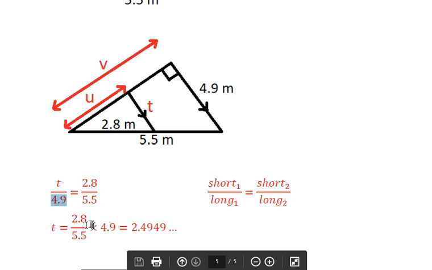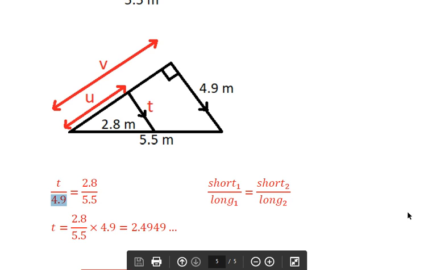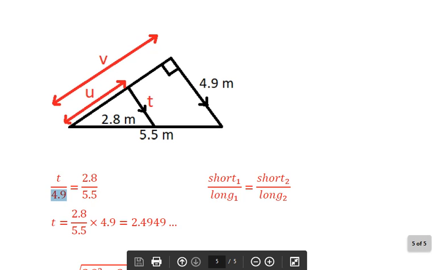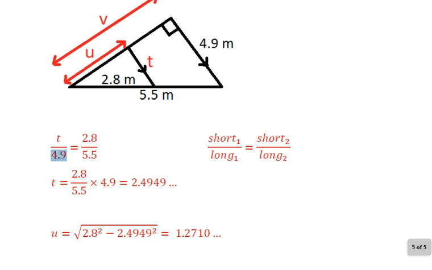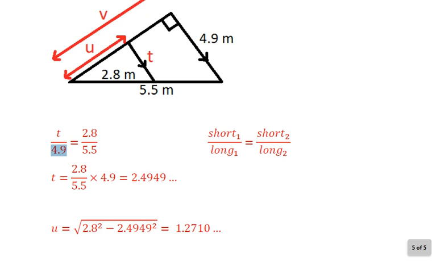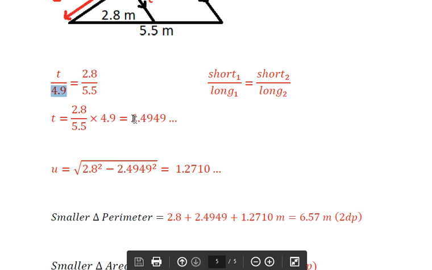The fraction, you could just do divide if you wanted, 2.8 divided by 5.5 times 4.9, same thing. And we get 2.4949. However, we need to take some extra decimal places there because it's not our final step.